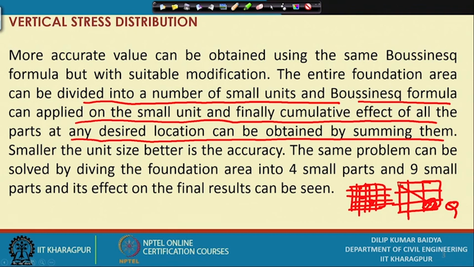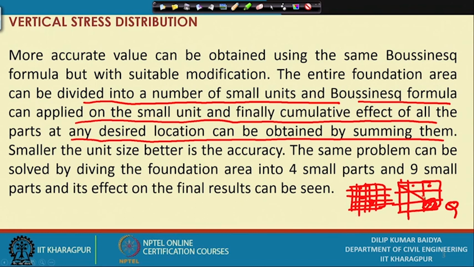Then like this, I can find the effect of this to this, because the distance between this and this is taken as another r. Then this distance can be considered another r.